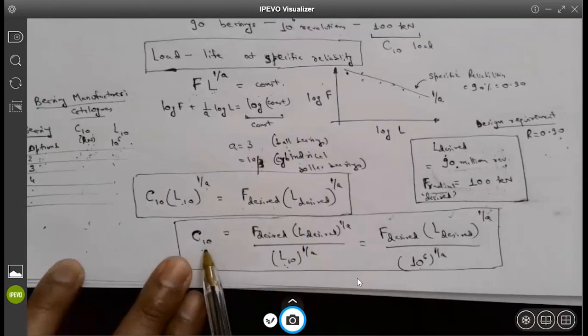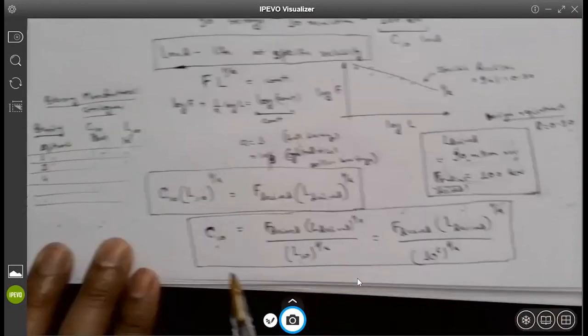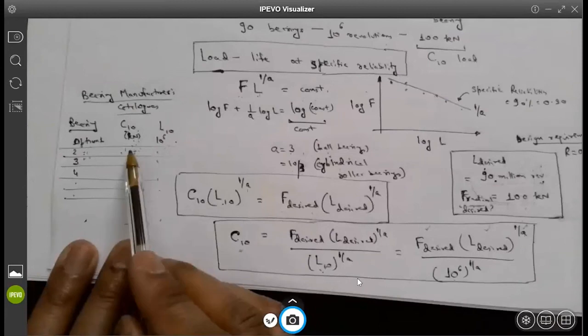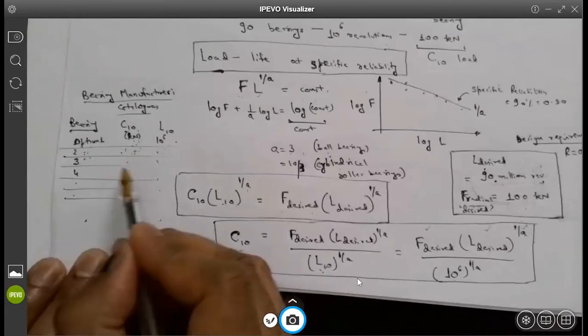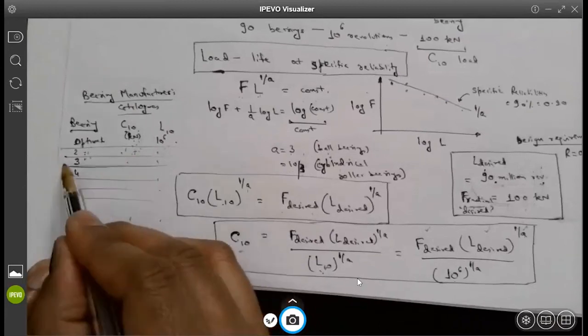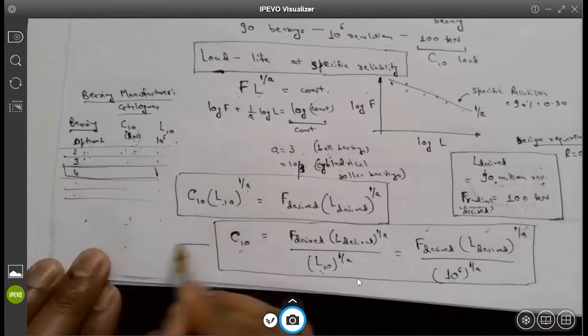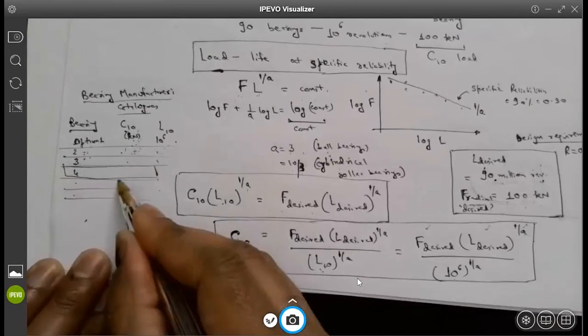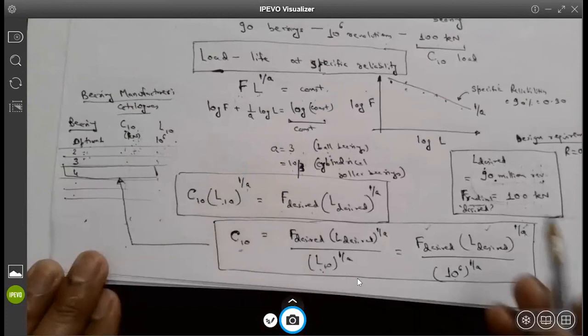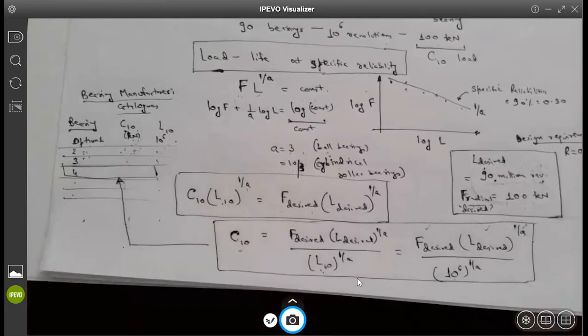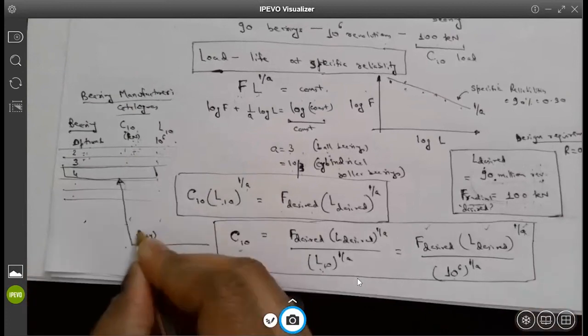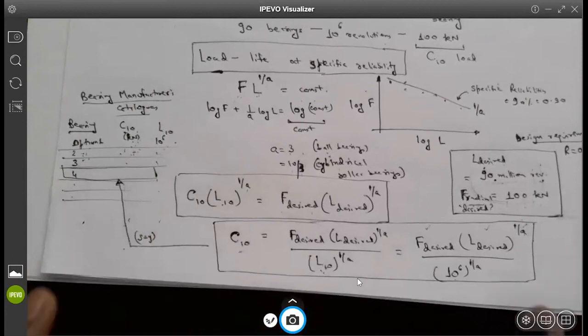Once you have this C10 value, you go to the manufacturer's catalog and select the specific option. For example, if this option works best, then use it for the bearing for your specific design, for your specific application. Does that make sense?